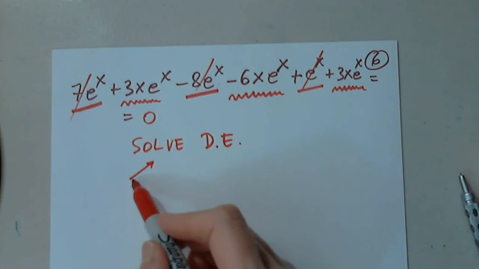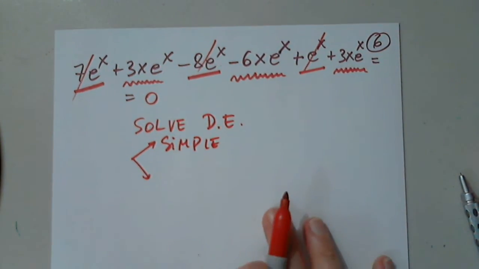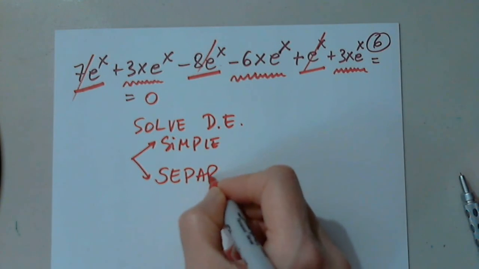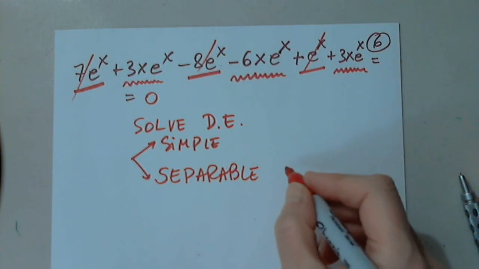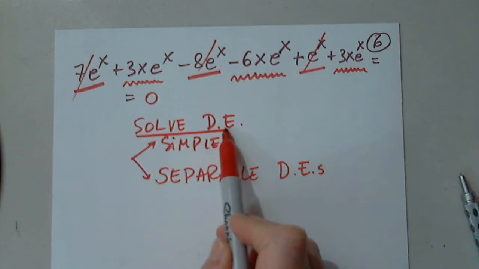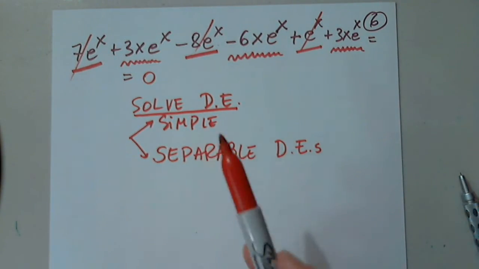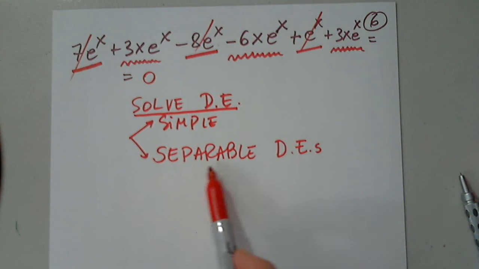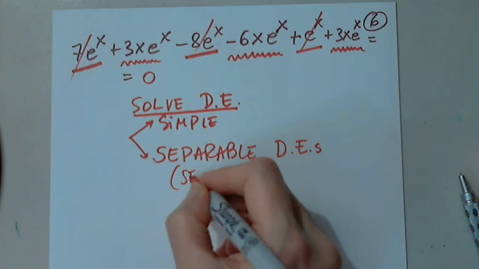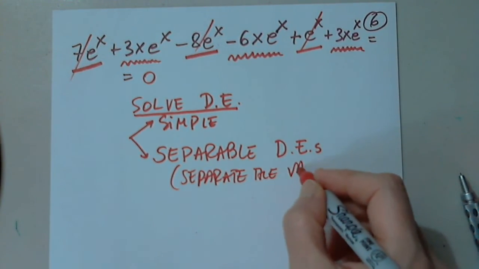We will look at very simple methods, and the other one is called separable differential equations. We do not learn other techniques, just very simple situations, and something called separable. When we separate the variables, separate the variables.